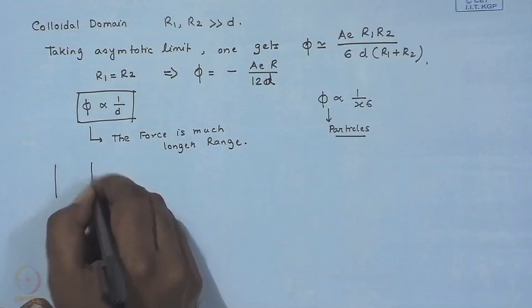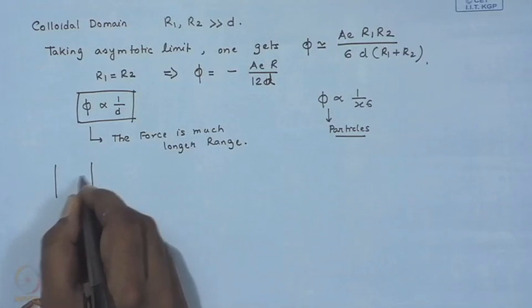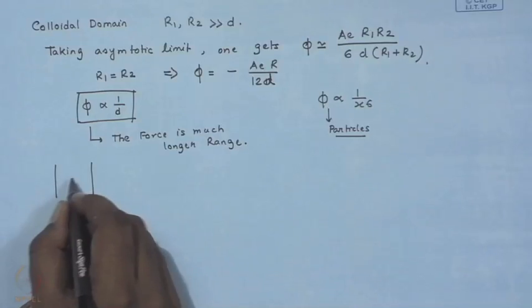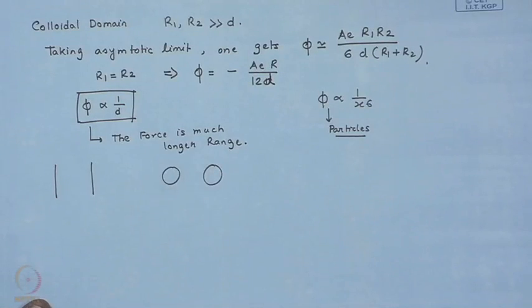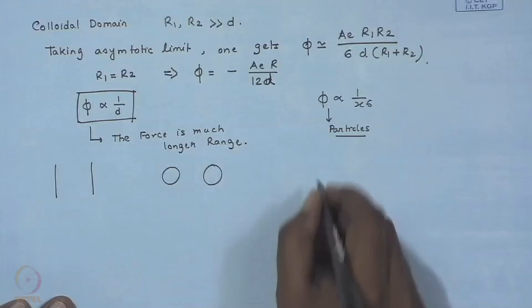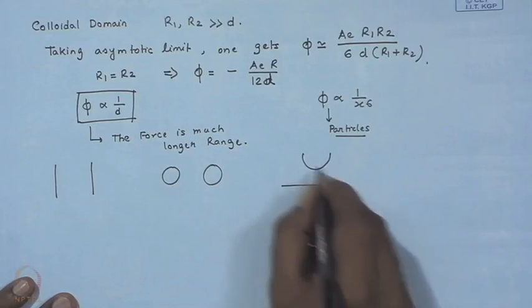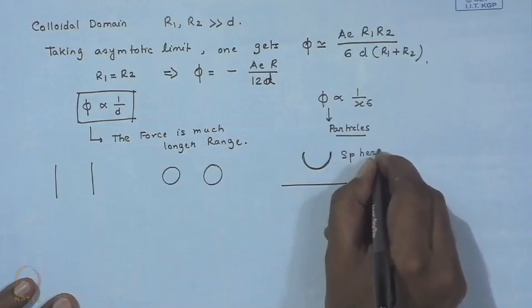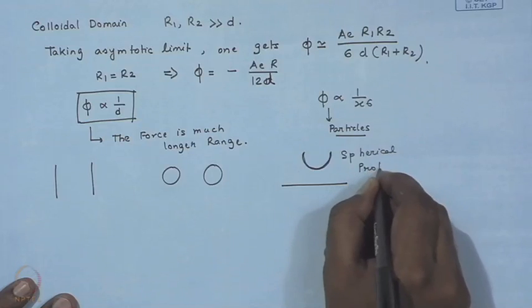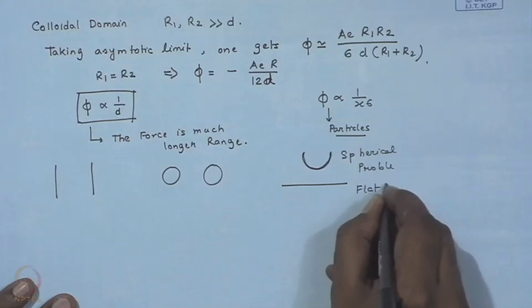But the geometries that we have understood are that we have an expression of interaction between two parallel plates and two spherical surfaces. But even if you are measuring the force between two surfaces using an atomic force microscope with a colloidal probe, you are actually leading to this situation. So, you have a spherical probe and you have a flat surface.